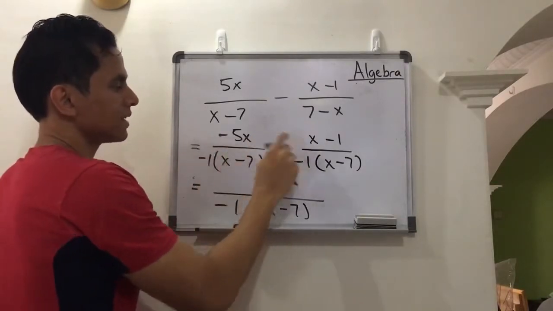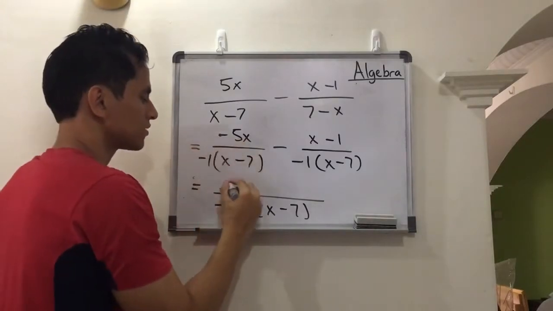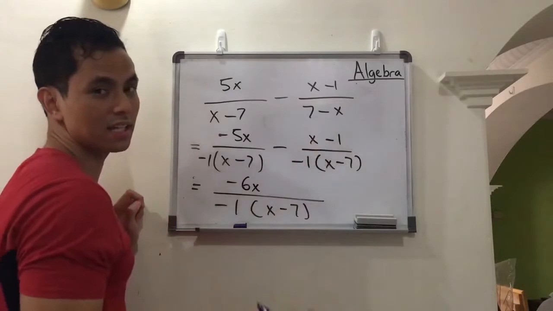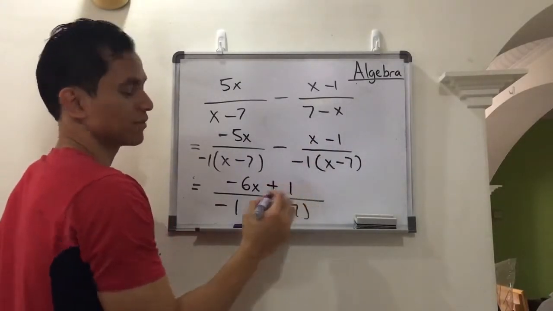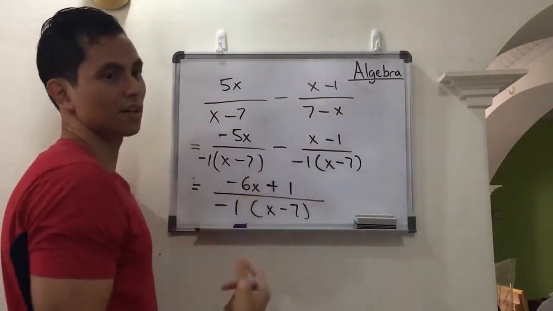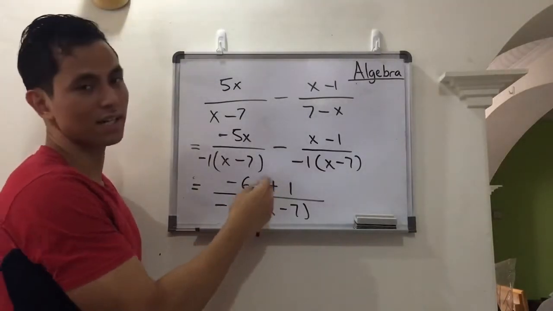So -5x minus x will be -6x. So let's write down -6x, and then -1. Again, -1 will be +1. Good, if you were able to see that. So two negatives become positive. So therefore, this will be our final answer.